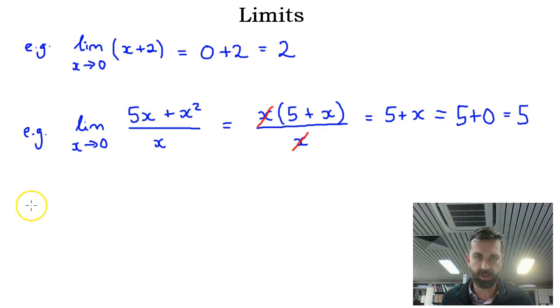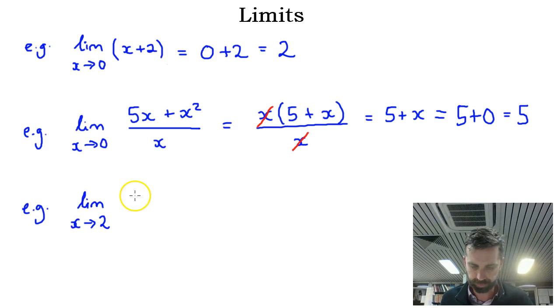Okay, I'll do one more example just to show you that it's not always 0 that we're going to approach. We could be approaching 2, for example, so x approaching 2. And on the top line, we'll do a tricky one, x squared take 4 over x take 2.